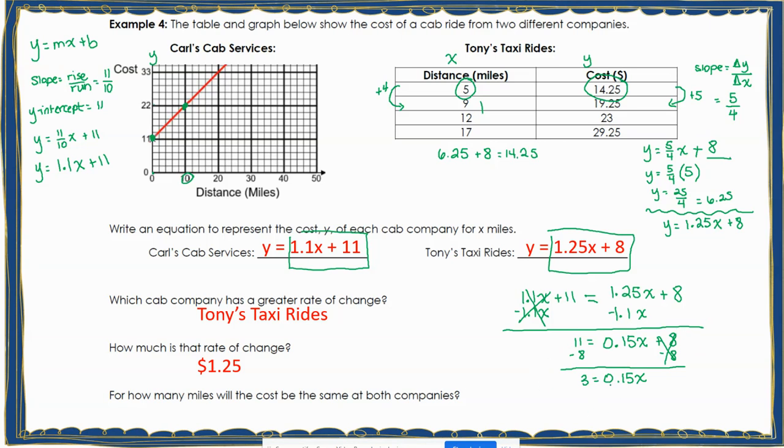Well, we need to get rid of 0.15, so we need to do the inverse, which is dividing by 0.15 on both sides of this equation. 3 divided by 0.15 is 20. These cancel to leave us with x. So that means that these two companies are equal to each other when x is 20. That means that they have the same cost when they have a distance of 20 miles.